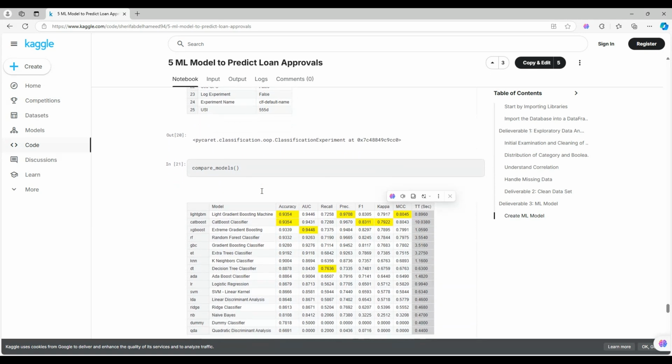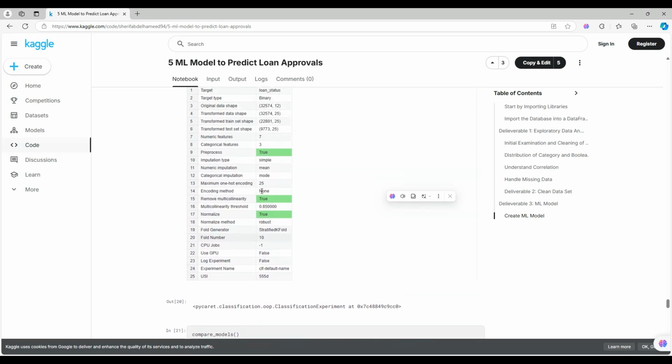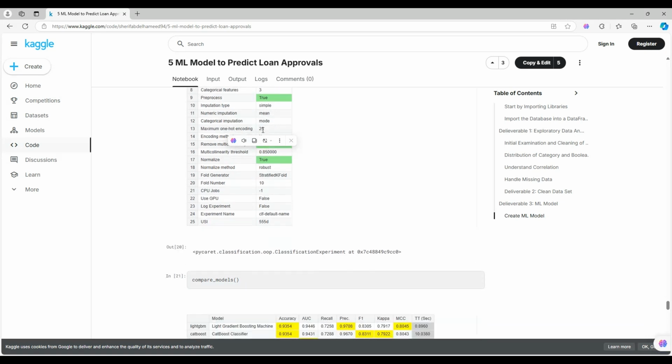And then, so it tells us, we've already did that. In order to train our model, we took 22,801 entries, and in order to test the set, we have tested it on 9,773 entries.